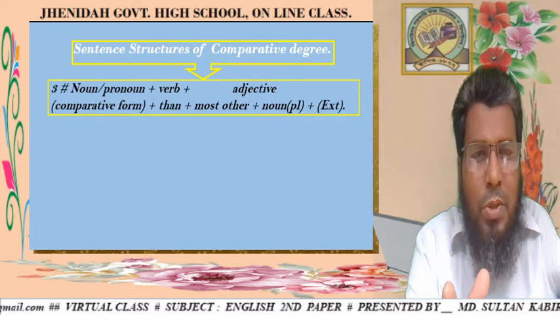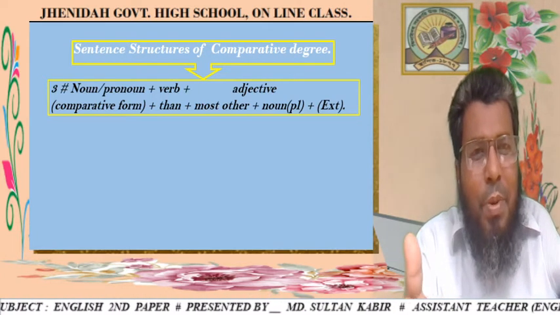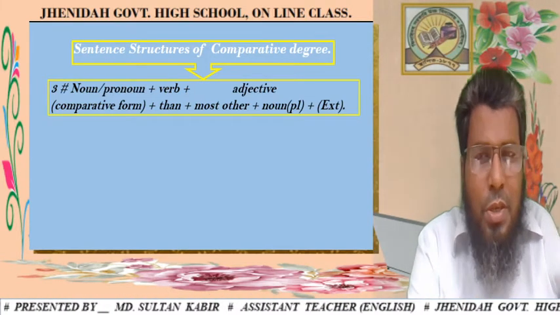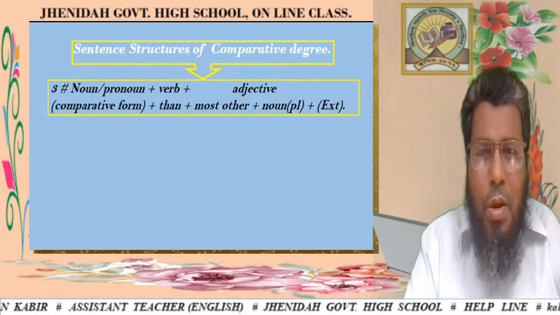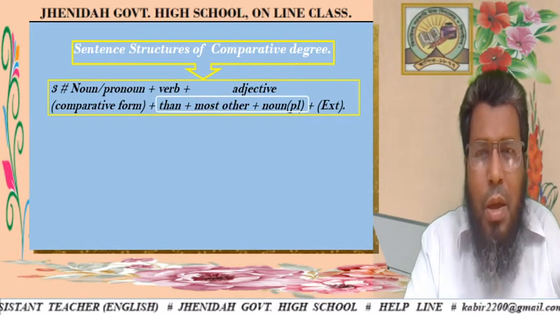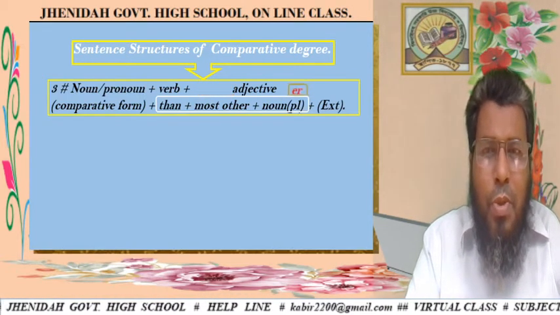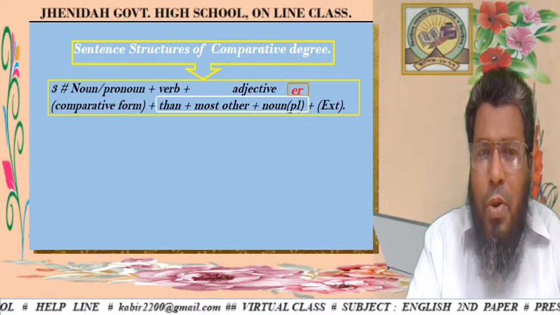The first structure was then plus noun or pronoun, the second structure was then plus any other plus singular noun, and the third structure here is then plus most other plus plural noun. In the same way, we can add more or -er before or after the adjective to form the comparative form of the adjective.